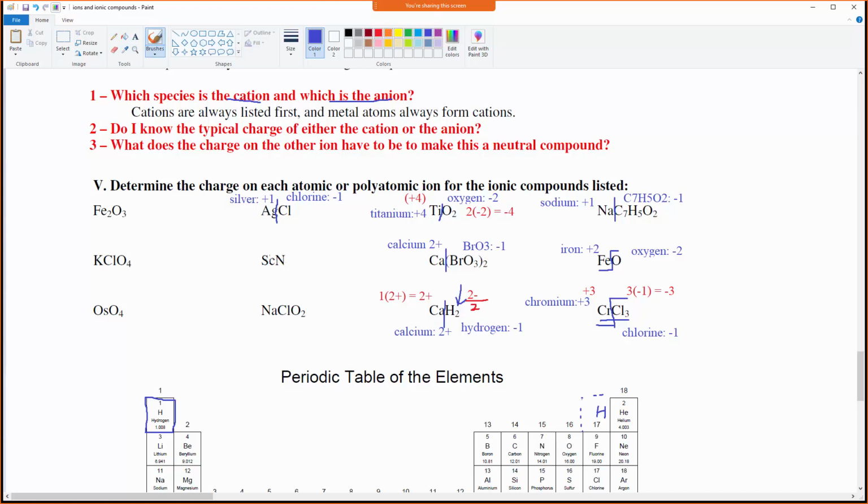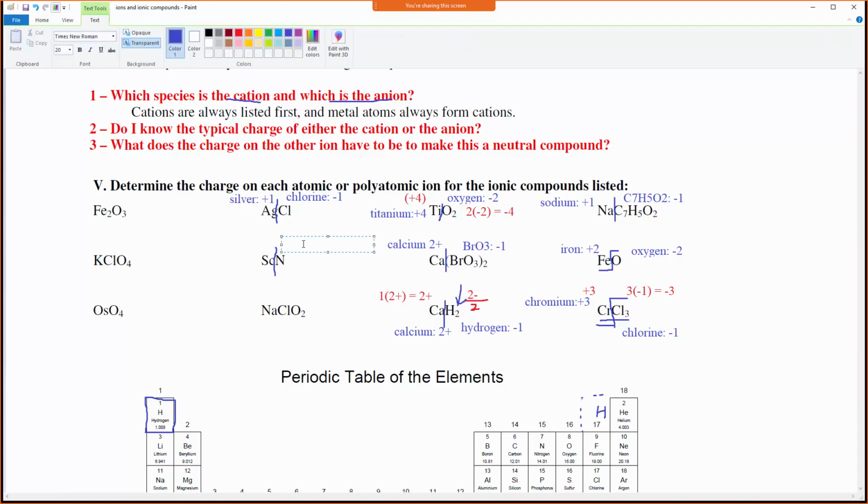ScN. What's my cation? What's my anion? Good. Sc is the cation. N is the anion. Which of these do we know a charge for? We know that nitrogen, being a main group ion, has a charge of -3.